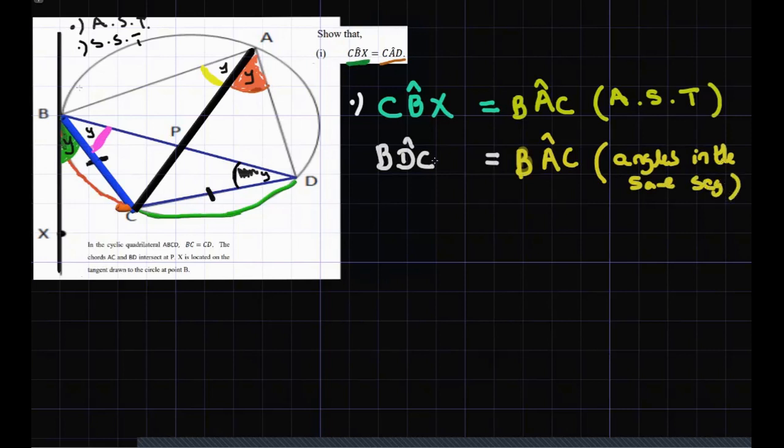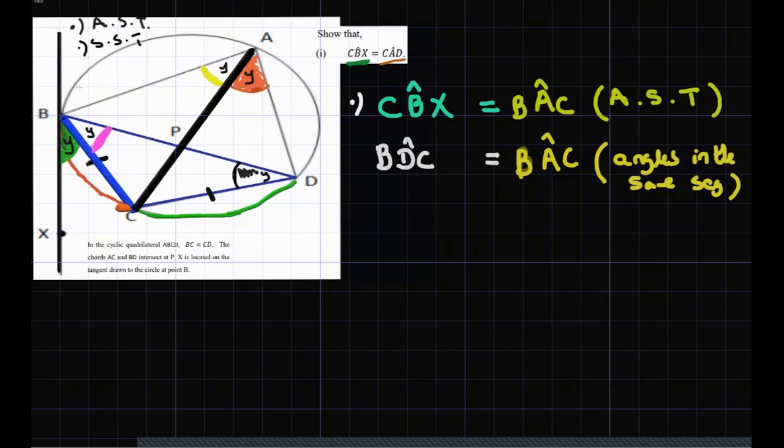All right. What's the next thing? The next thing we said was, if this black angle is y, the pink angle too should be y. Why is that? Because they are angles opposite to equal sides in an isosceles triangle.